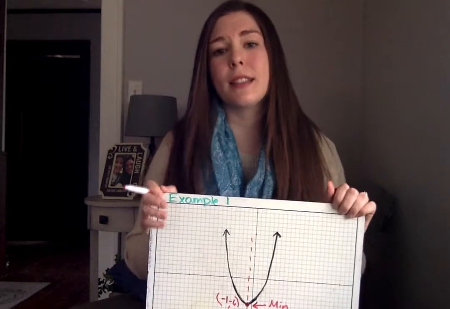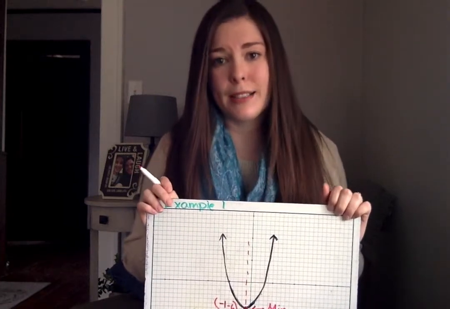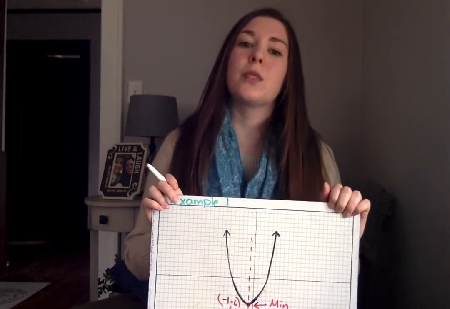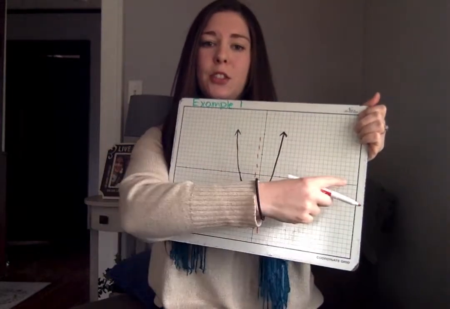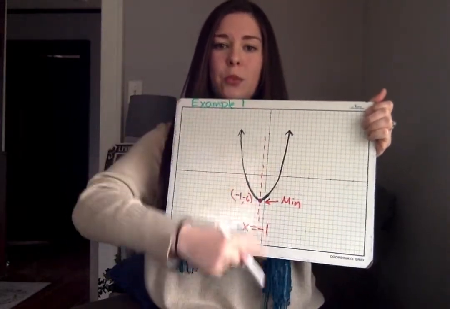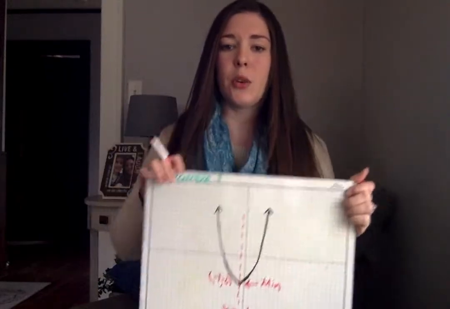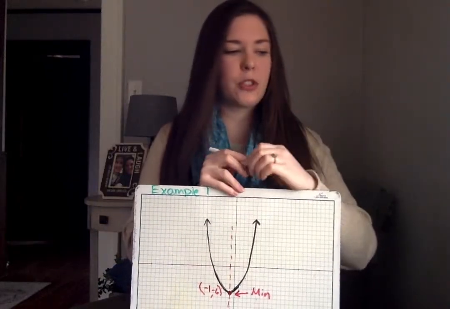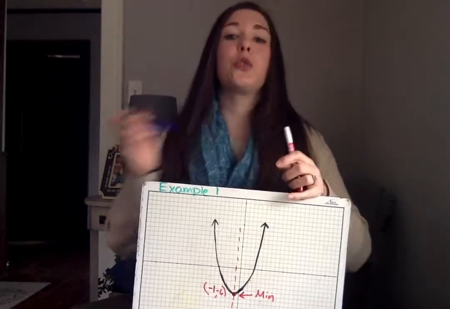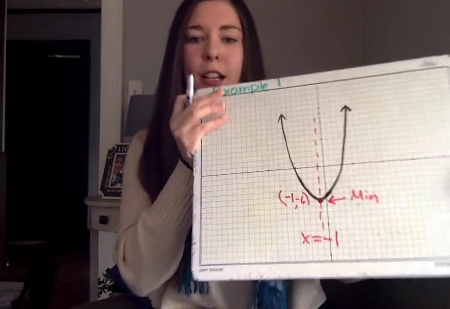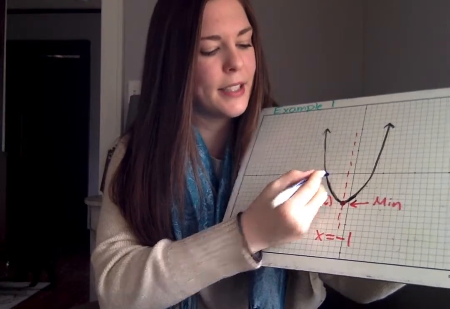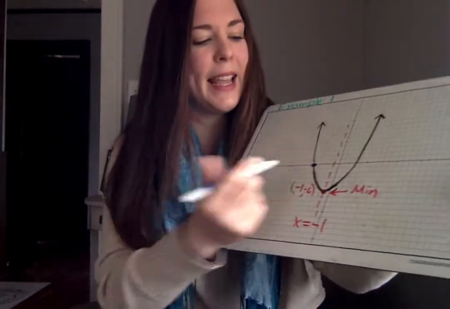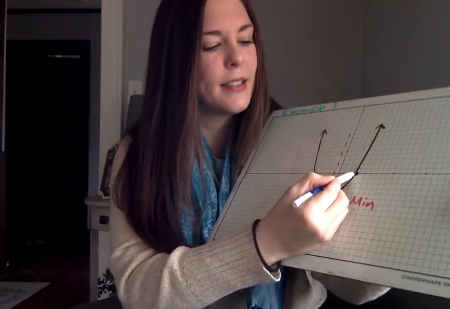Our fourth characteristic is the X-Intercept. And we've talked since almost the beginning of the year about what an X-Intercept is. Basically, it's where the line crosses the x-axis. Remember that this is your x-axis and this is your y-axis. In this case, we're actually going to cross our x-axis twice. I cross my x-axis here and here.